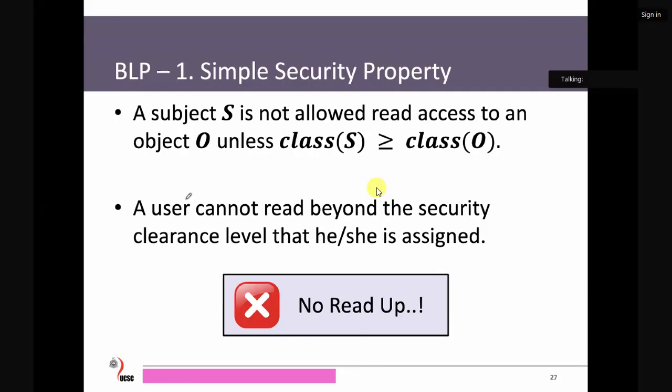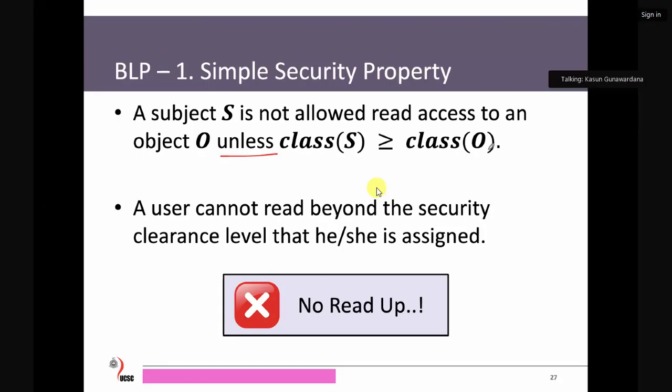It says a subject S is not allowed to read an object O unless the classification level of subject S is greater than or equivalent to the classification level of O.